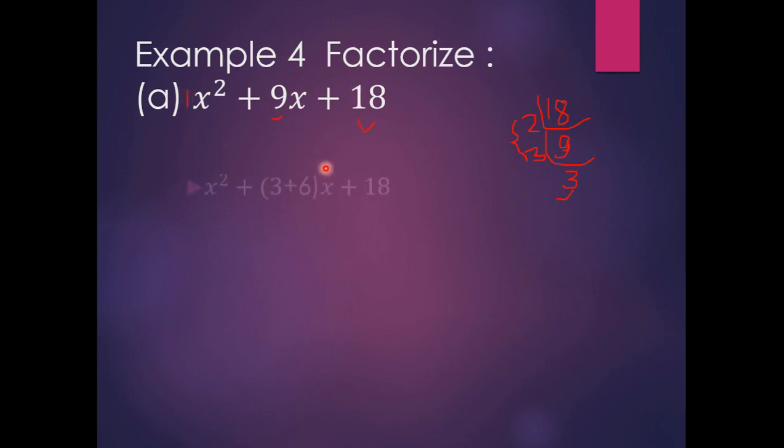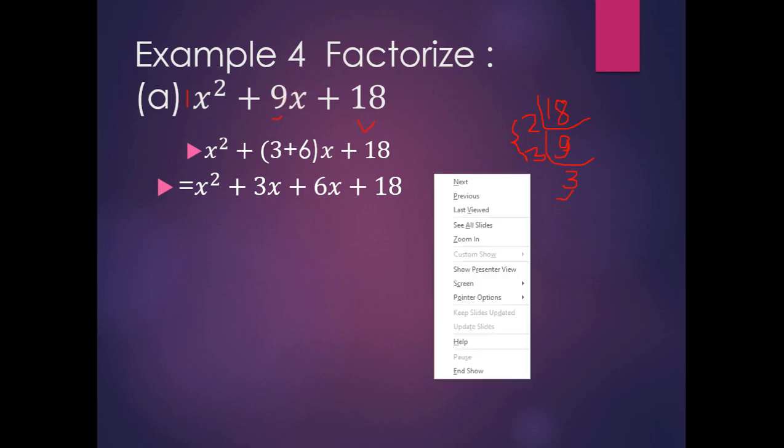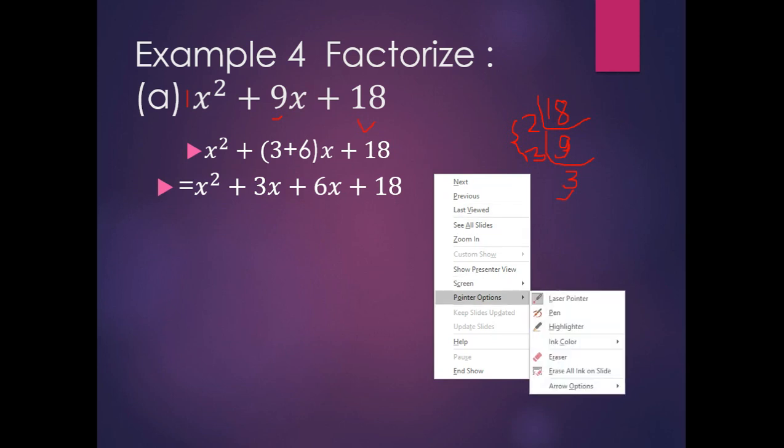Here 3 plus 6 gives 9, and 3 times 6 is 18, and 1 times 18 is also 18. So the product of the middle two is the same as the product of the first and last. In that way we have to break down the middle part. You have to take care of this mainly.